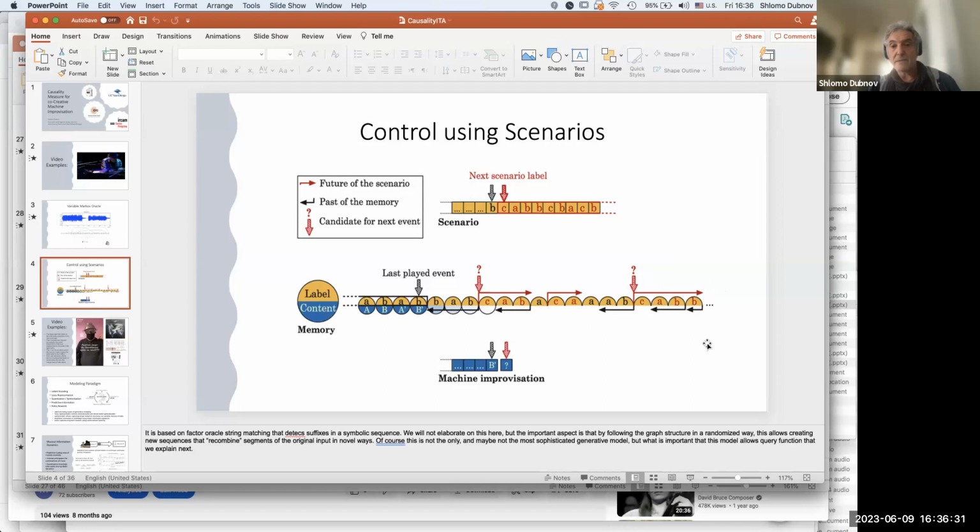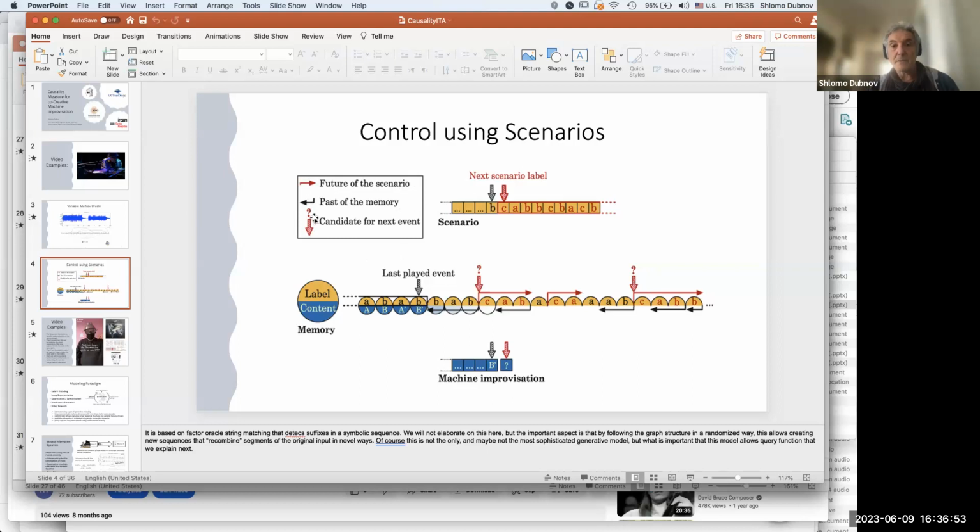So in that case, the continuation for this set of events is C, in this case is A, so this one will just generate CA, and this one may generate CA and then continue into something else. You have the past memory and you have the future scenario.